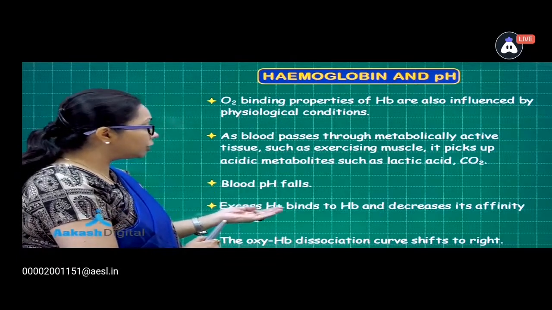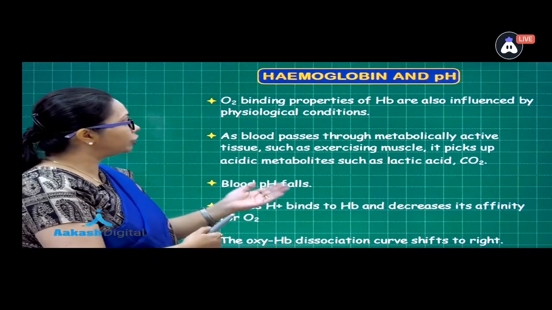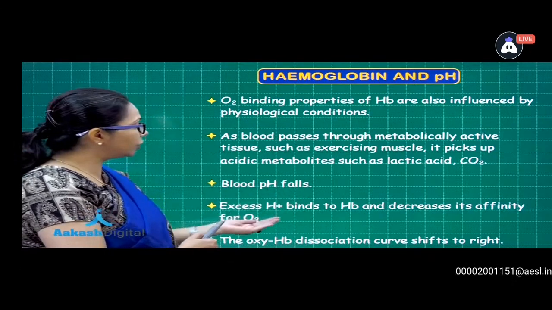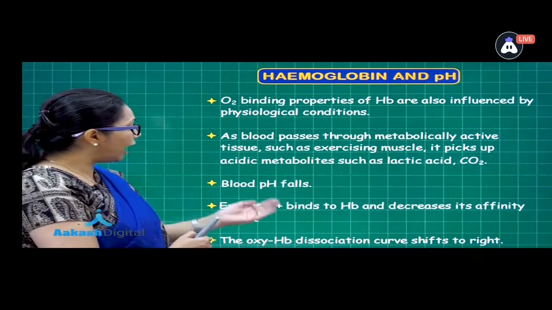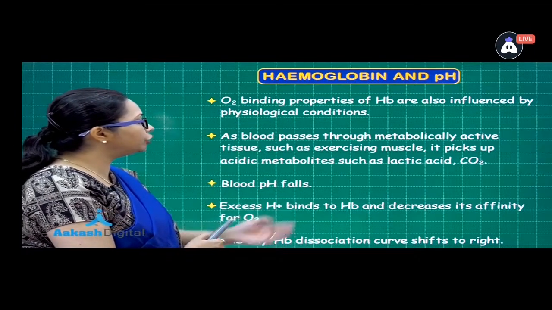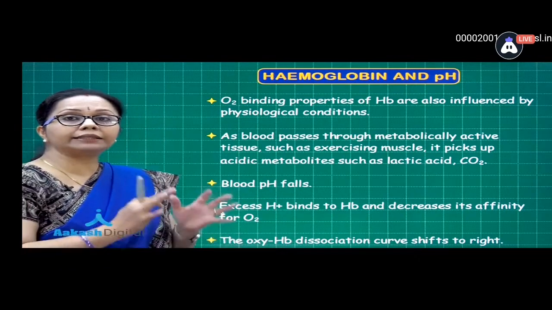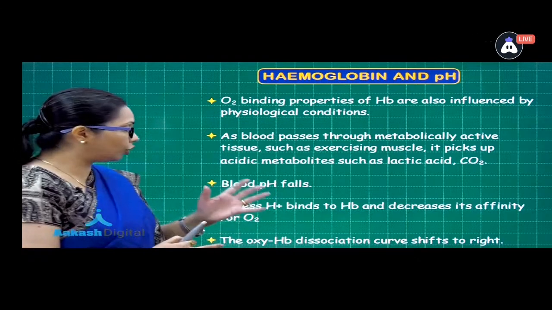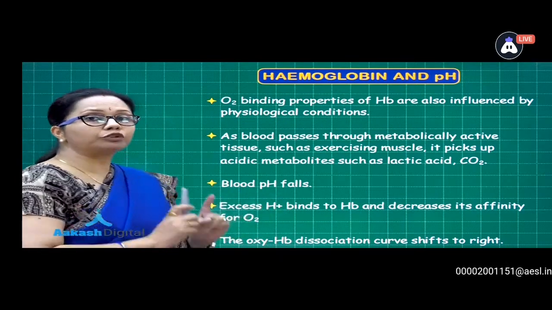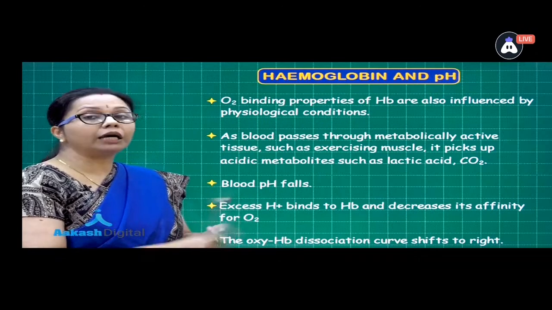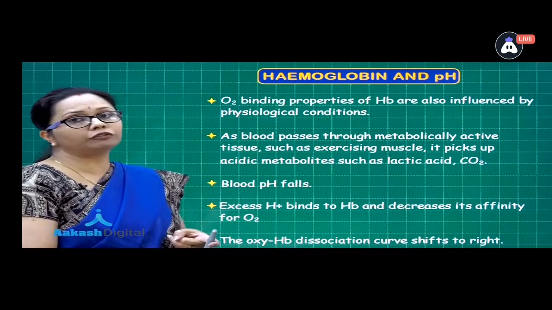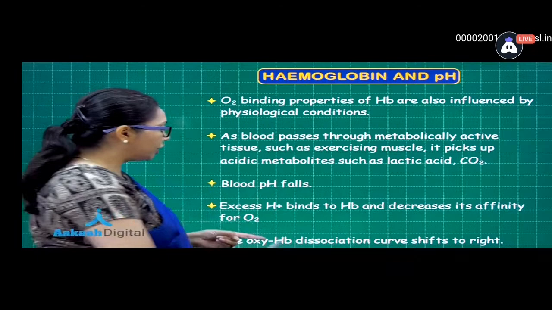The hydrogen ions are increasing. When there is more acidic content, there will be more hydrogen ions, and these hydrogen ions bind to hemoglobin and decrease its affinity for oxygen. So that means if there is more acidic content in the blood, the affinity of oxygen for hemoglobin will decrease.